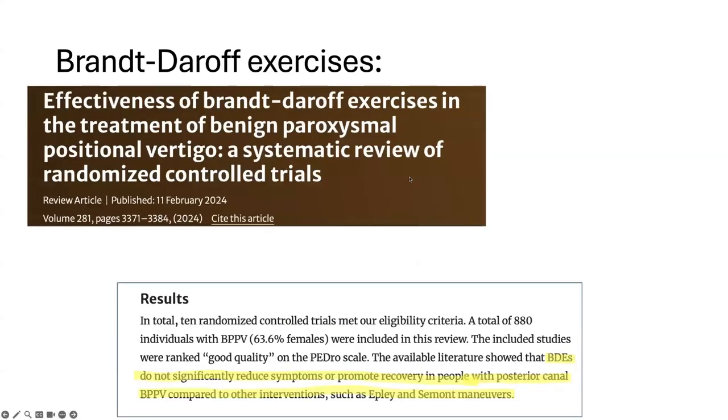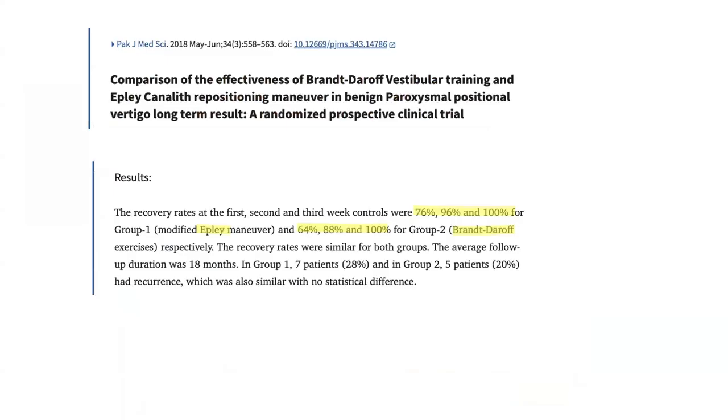But if we have a look at this, from February last year, effectiveness of the Brandt-Daroff exercises, a systematic review. Just highlighted here, Brandt-Daroff exercises do not significantly reduce symptoms or promote recovery in people with posterior canal BPPV, which is our main one, compared to other interventions such as the Epley and Semont. Just to be clear, it's not saying that it doesn't work.